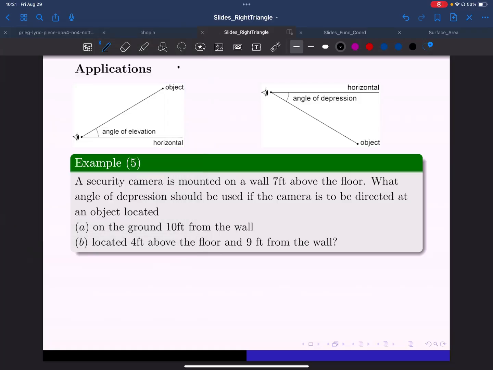So if we have one horizon, here is the observer, going up would be angle of elevation, but then going down would be angle of depression. Right here is the angle of depression, right out of the horizon.